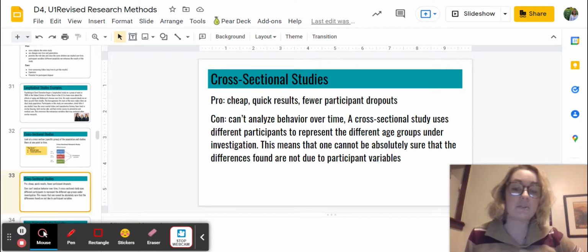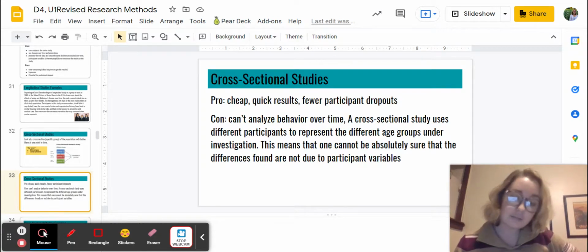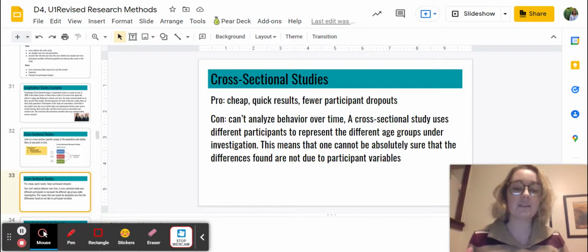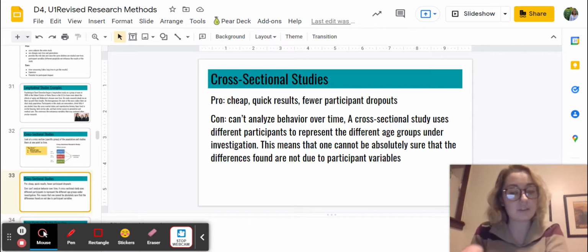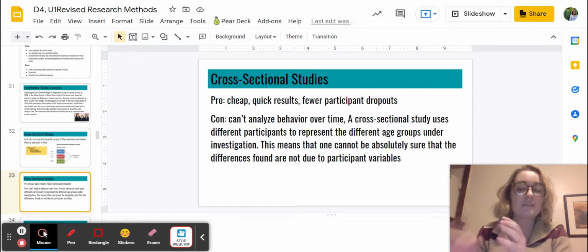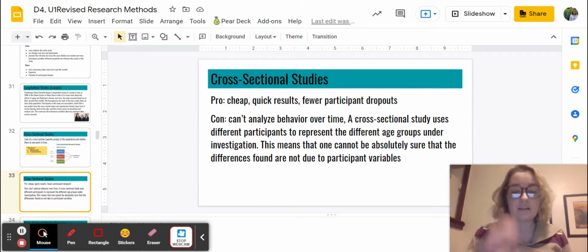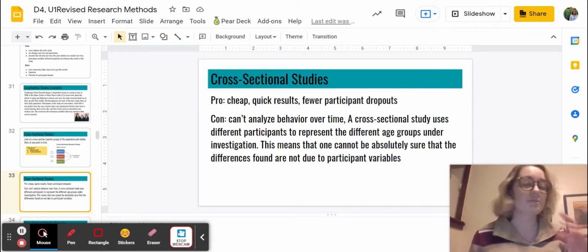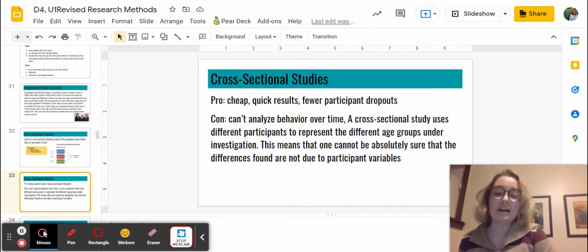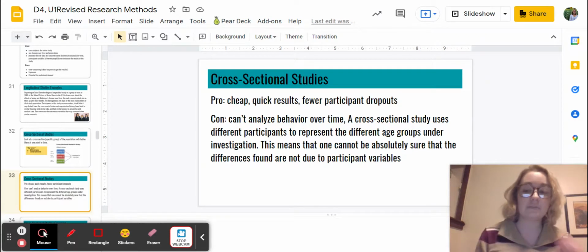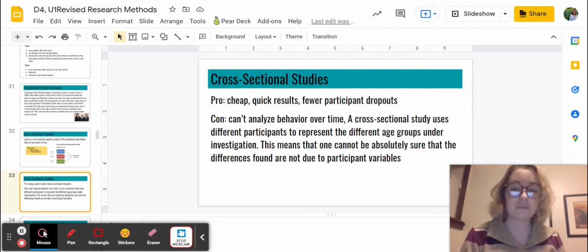So you can't analyze behavior over time because it does use different participants to represent the different age groups rather than the same people over time. This means you can't be absolutely sure that there's not some third variable or some kind of difference between these groups because of their generational gaps or whatever, that are not due to the variable being studied.